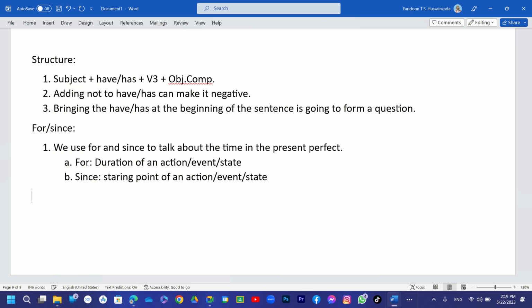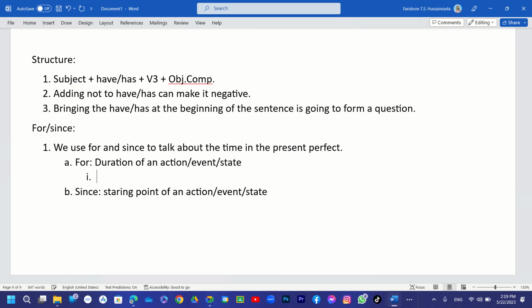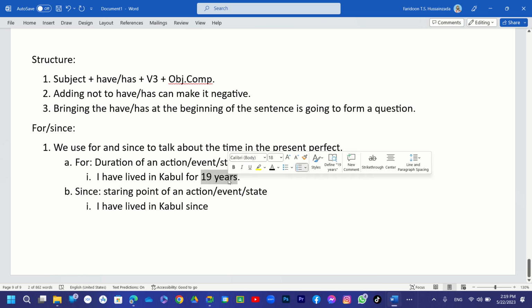If we check some examples, we can say, for, so I have lived in Kabul for, let's say, 19 years. See, I have lived in Kabul for 19 years. And if we change it, I can say I have lived in Kabul, sorry, not for, since. Now, duration was 19 years, so that was the length of time.